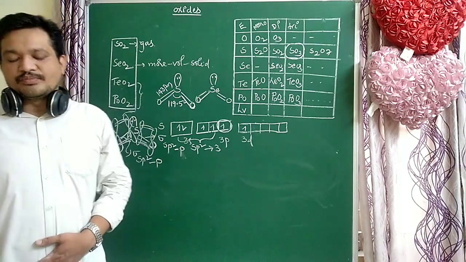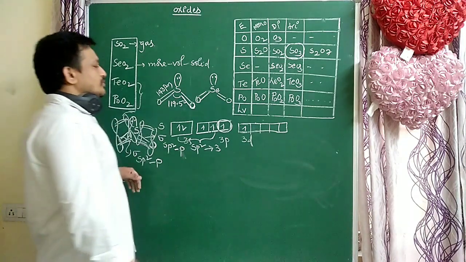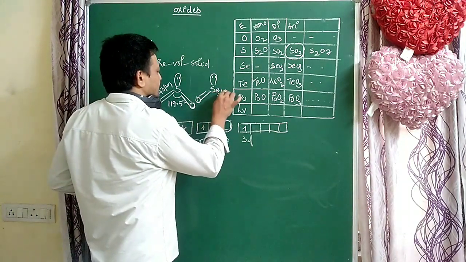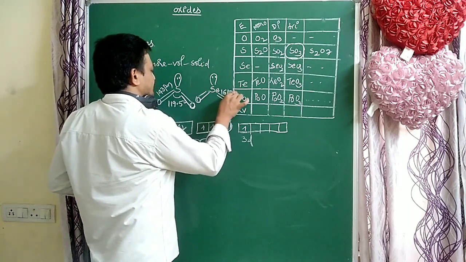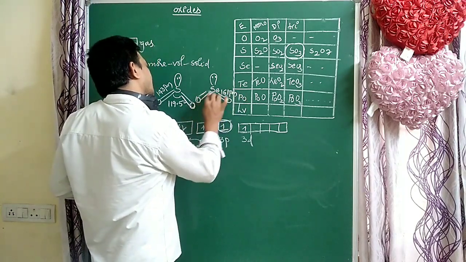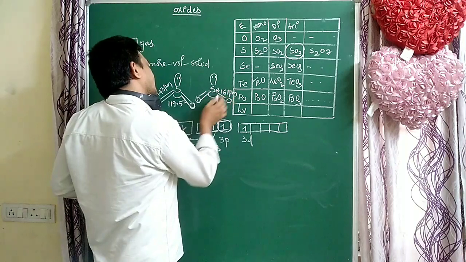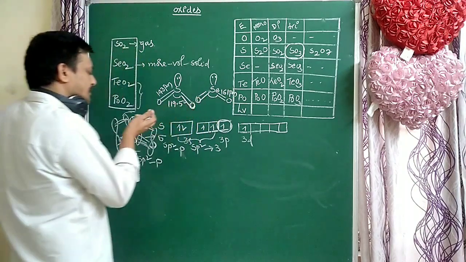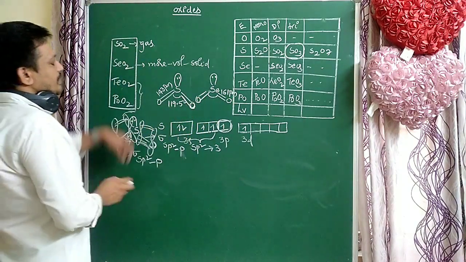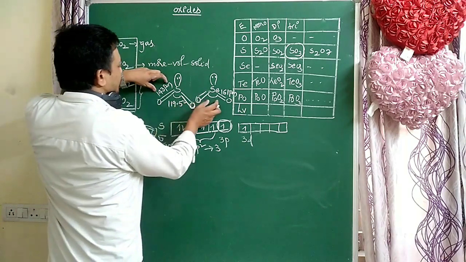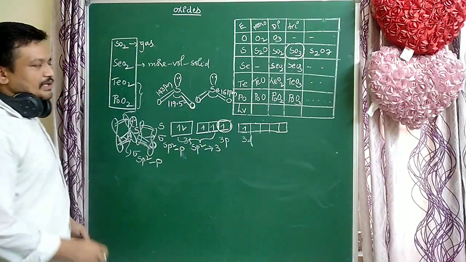That is very important, students. For SeO2, the bond length is 161 picometers. Bond length increases and bond angle decreases. That value is not known exactly, but when compared, its bond angle is less.